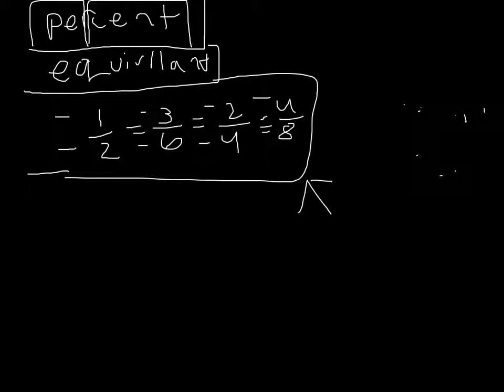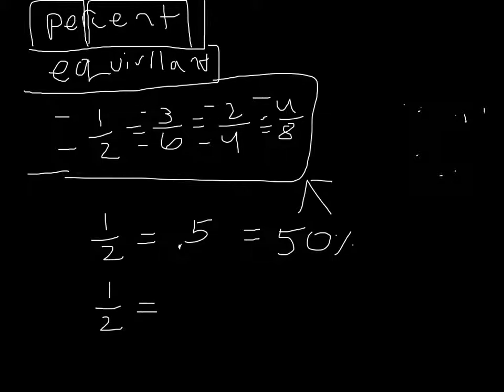You can have 1/2 equals 0.5 or 5/10 equals 50%. See, if you were to convert these all to fractions, they would all be equivalent fractions, as you can see here.